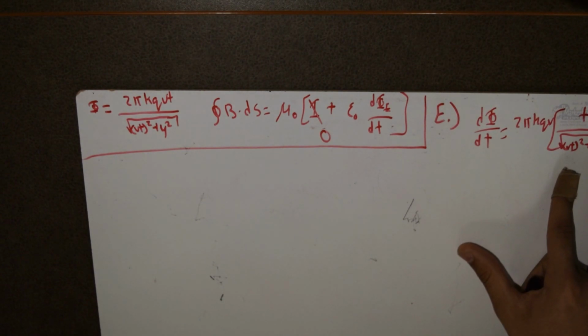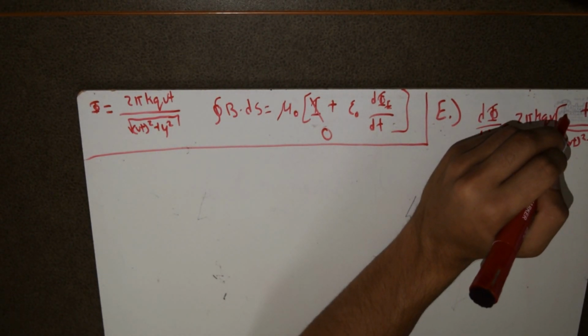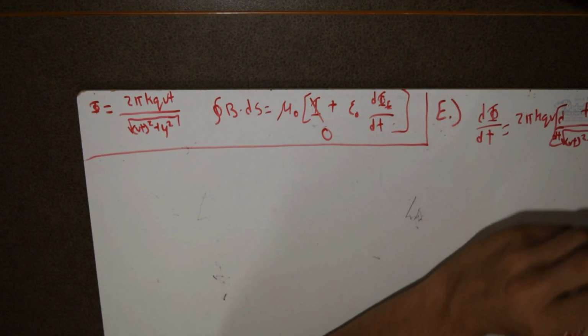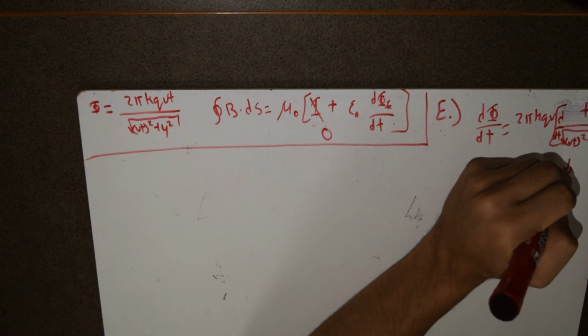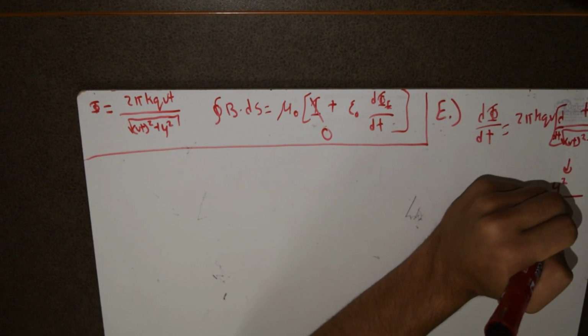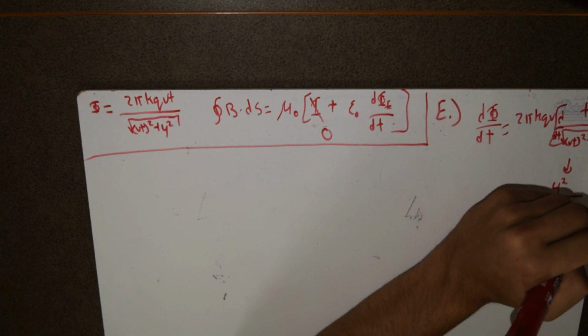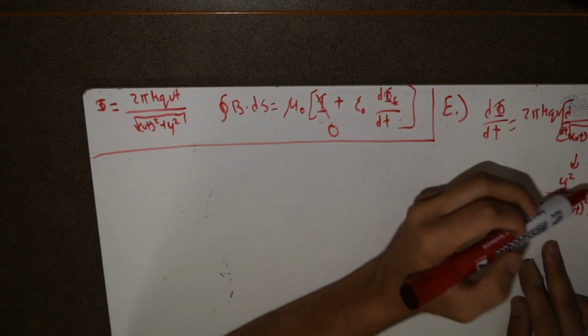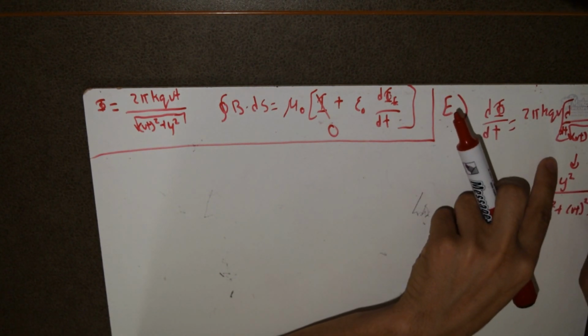So this derivative, the time derivative d over dt, turns out to be y squared over y squared plus vt squared to the 3/2. So that is the evaluation of everything inside the brackets here.